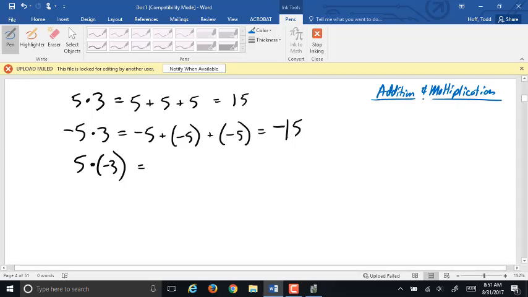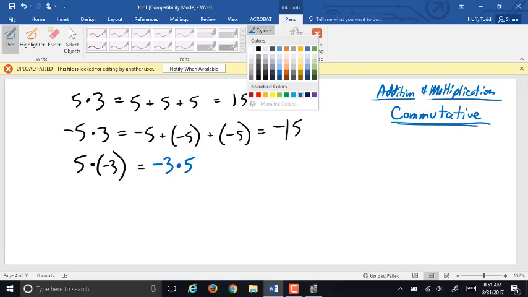In addition and multiplication, in the forward versions of the operations, they're what we call, and you don't necessarily need to know this word, but you need to know that it's applicable, commutative. What that means is you can change the order. So for this one here, 5 times a negative 3 can be changed to a negative 3 times 5.